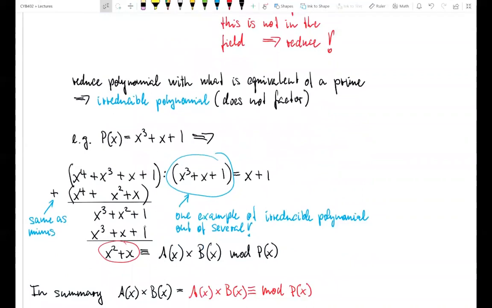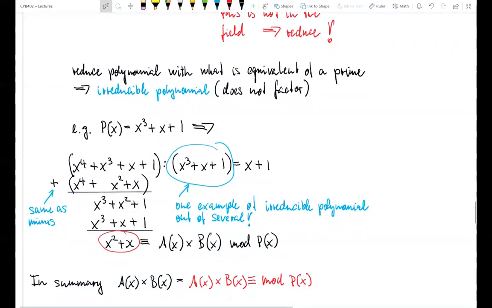There are several irreducible polynomials for a certain field, so you need to choose a certain irreducible polynomial. In other words, your inverse is really depending on the irreducible polynomial that you have been using, okay? So this is kind of creepy, right?